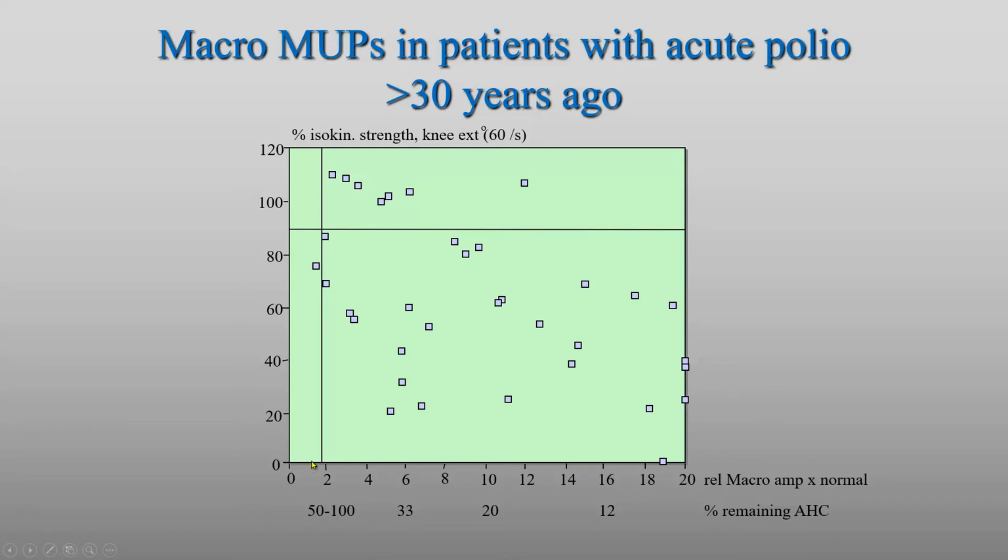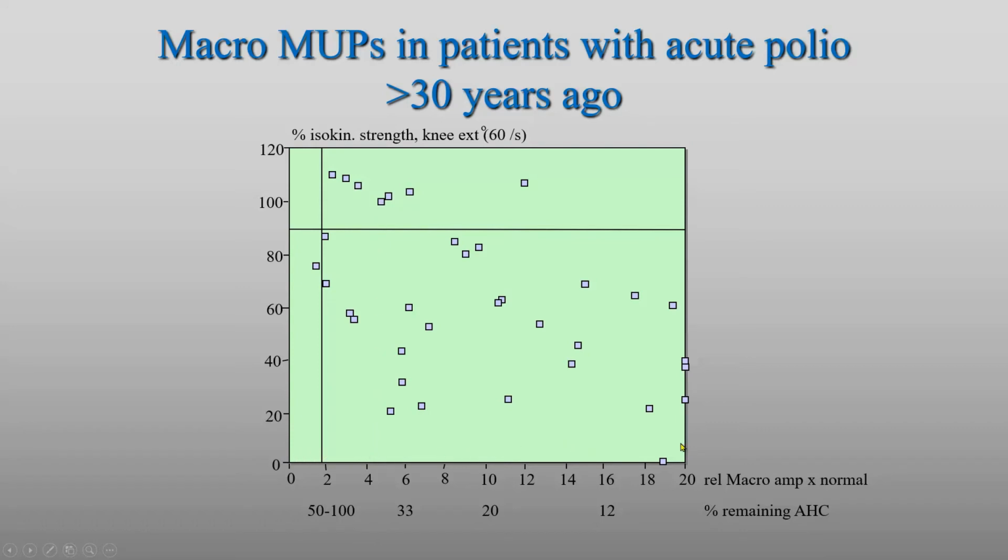This is the size of the macro EMG, and we have recalculated that in comparison to normal values. So here is a motor unit that is about double the normal size. Here is a motor unit that is 4 times the normal size.